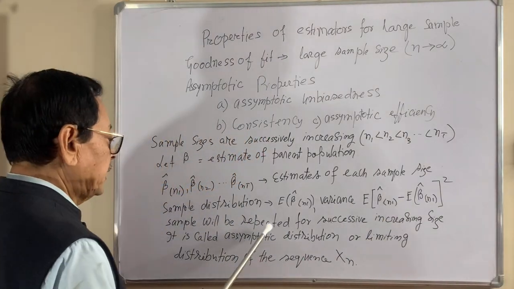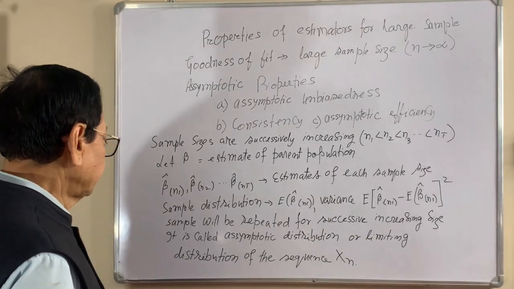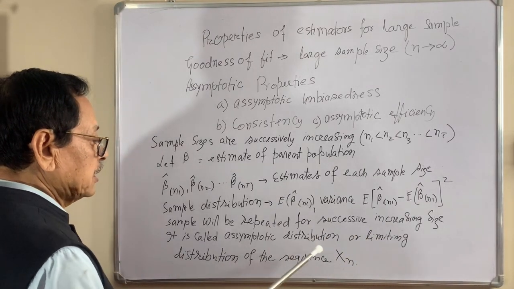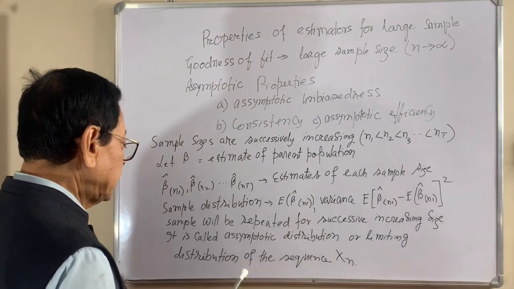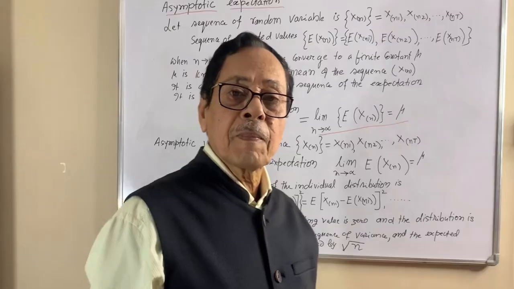Then the sample will be repeated for successively increasing size. It is called the asymptotic distribution or limiting distribution of the sequence xn.